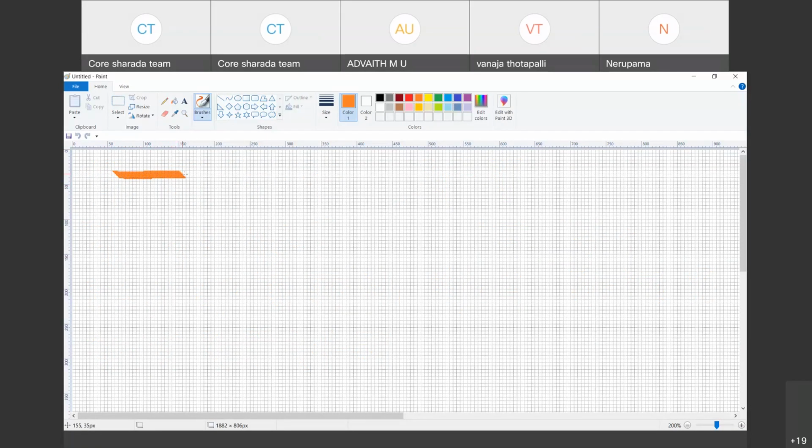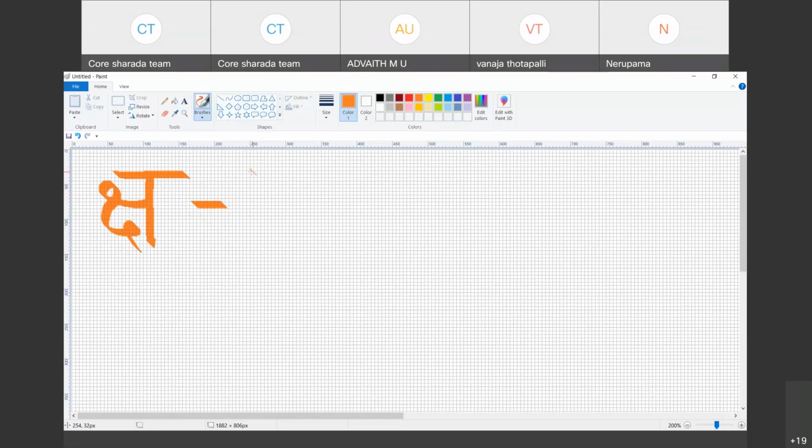So the first one is Ksha. This is Ksha. This is how we write it in Devanagari.